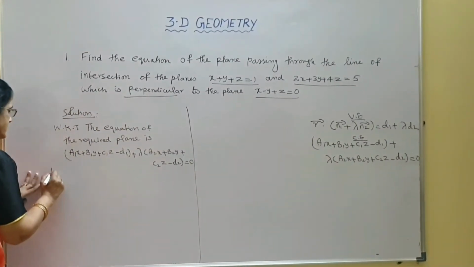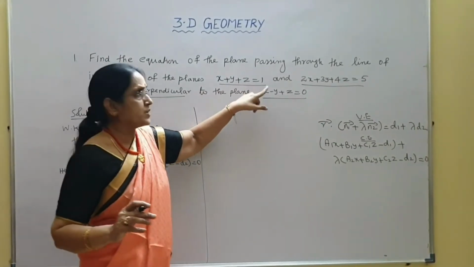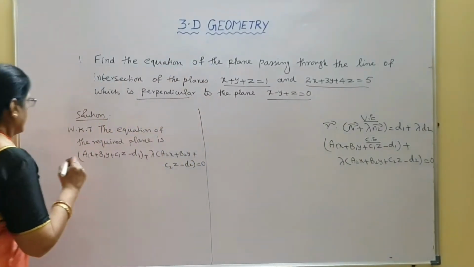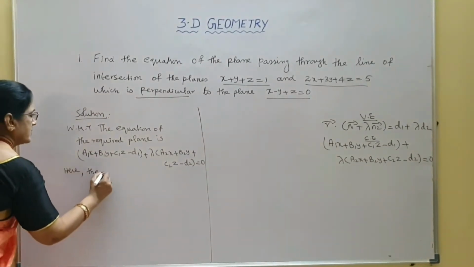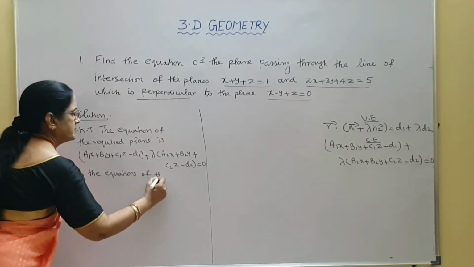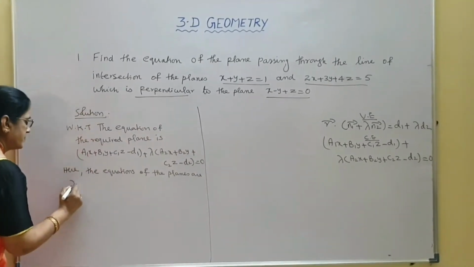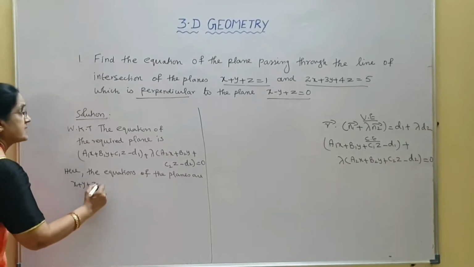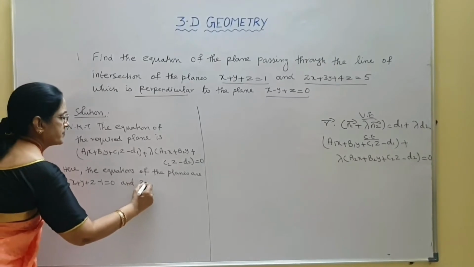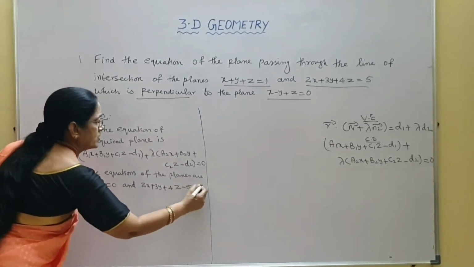But here the equations are x plus y plus z minus 1 equal to 0 and 2x plus 3y plus 4z minus 5 equal to 0. So here the equations of the planes are x plus y plus z minus 1 equal to 0 and 2x plus 3y plus 4z minus 5 equal to 0.